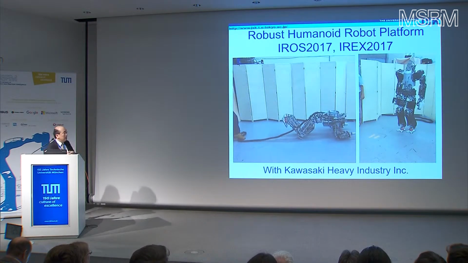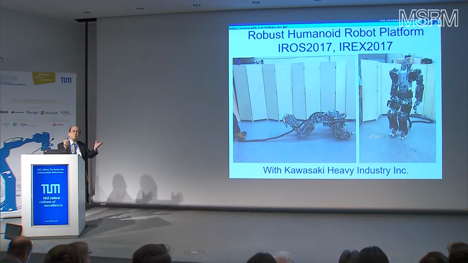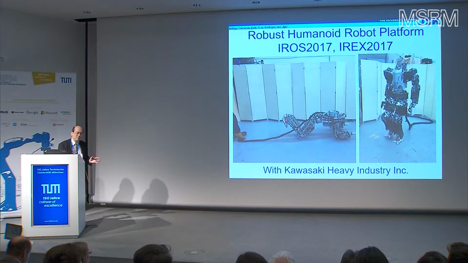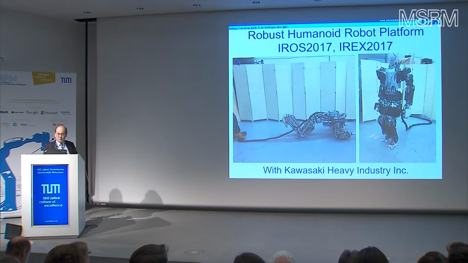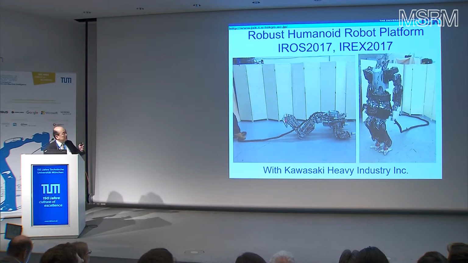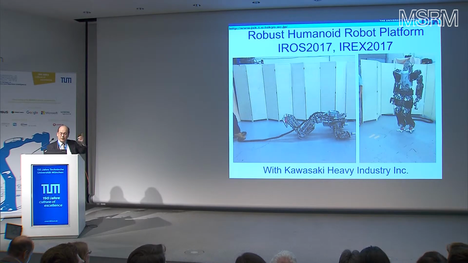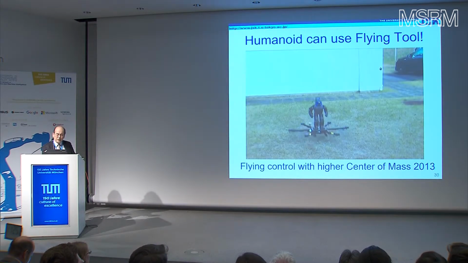And also I asked a Japanese company to build a more distributable platform for this humanoid community. So Kawasaki Heavy Industry built this platform for research and for disaster applications.